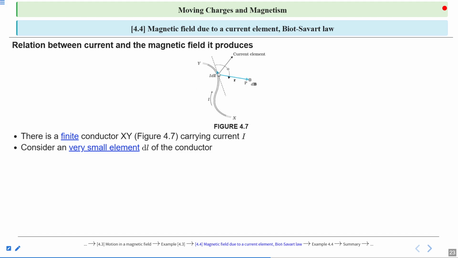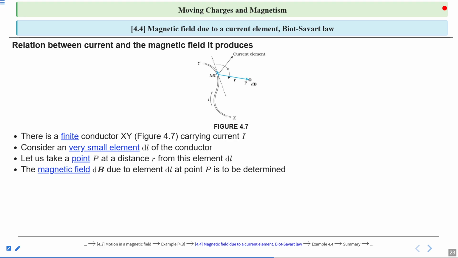This blue colored arrow in the upward direction is the small element dl, and its direction is the same as the current. Let us take a point P at distance r. So consider a point in space which is at a distance r from this element dl.